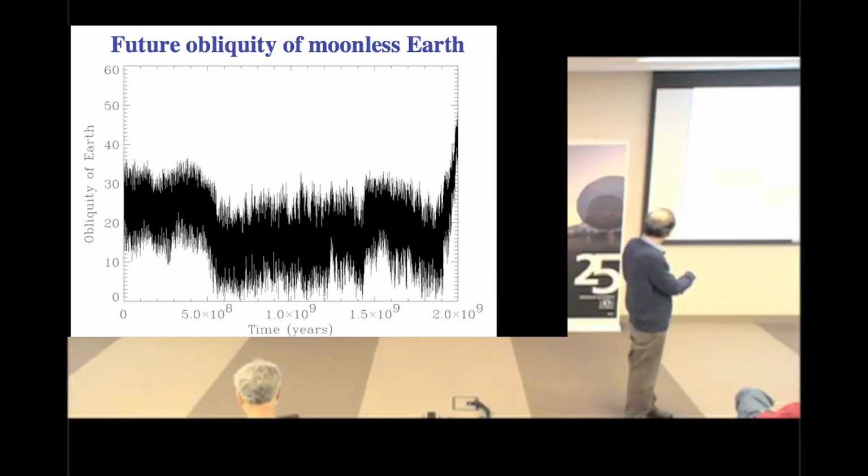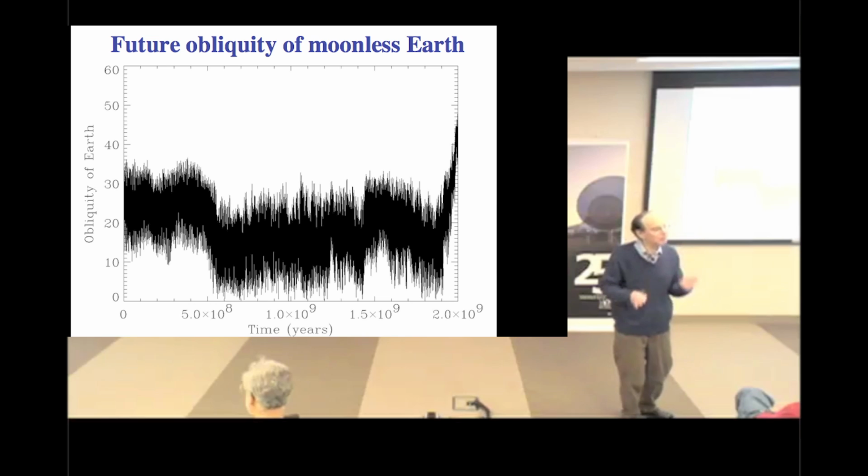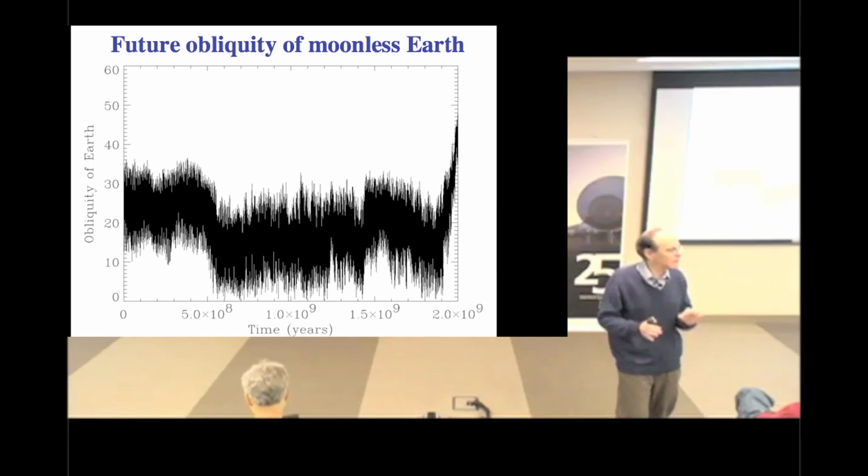This is another simulation, future obliquity, and it does go down. It was very nice for 500 million years. Then it gets to the state where the poles get hardly any insolation at times. And then at 2 billion, another 1.5 billion years forward, it gets very active. Million and billion are big differences here.